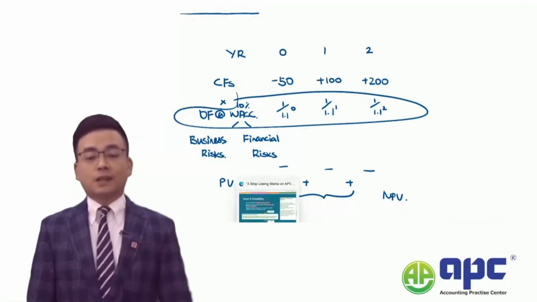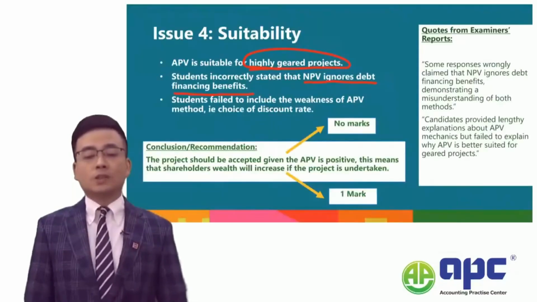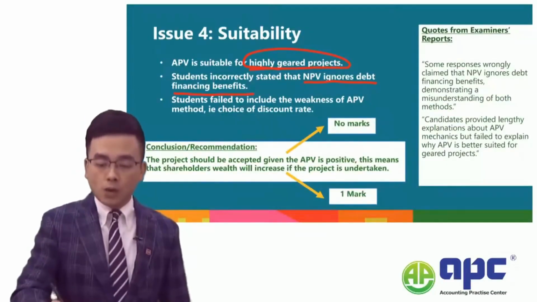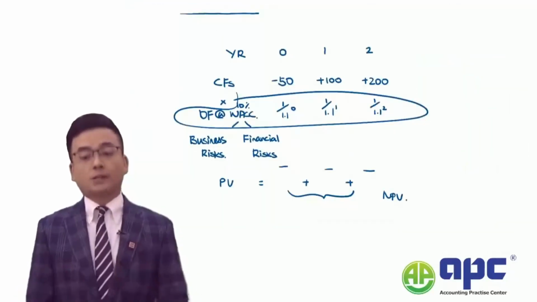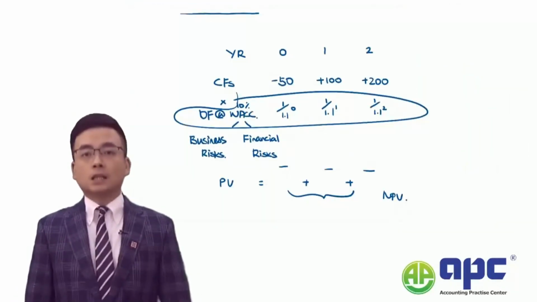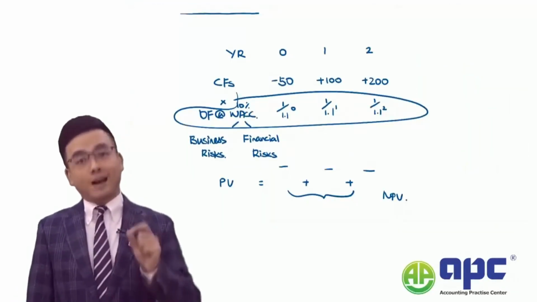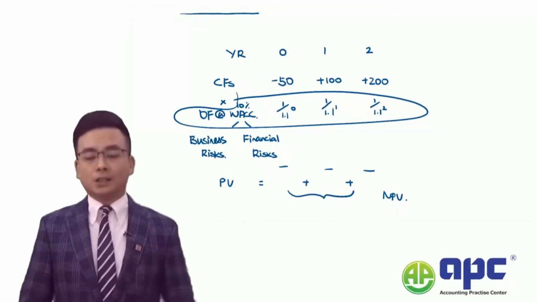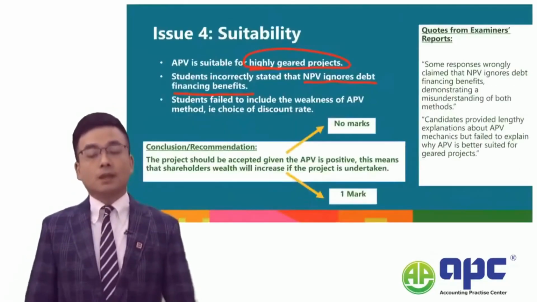So we can't say that we ignore the debt financing benefit. The reason is, when we are calculating, for example, the NPV, the WACC should be the after-tax WACC. So that means it has considered the debt financing benefit.